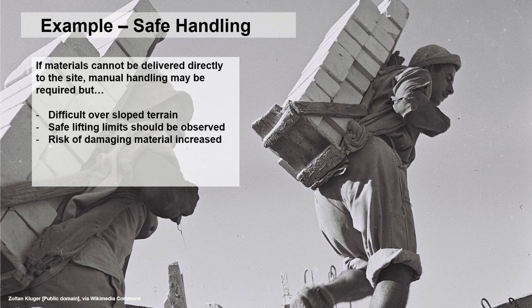Beyond that, we have 2 people to lift something or mechanical lifting, and that's to save back injuries, injuries from dropping materials. But you can design that out at an early stage by choosing materials which are easy to transport or easy to handle.